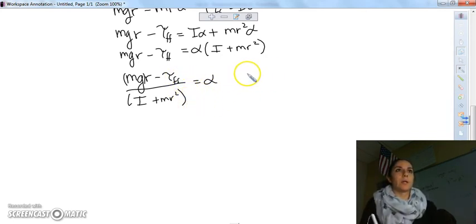What do the numbers look like? It looks like this. So the mass is 1.53 kilograms. I'm getting that from the problem.